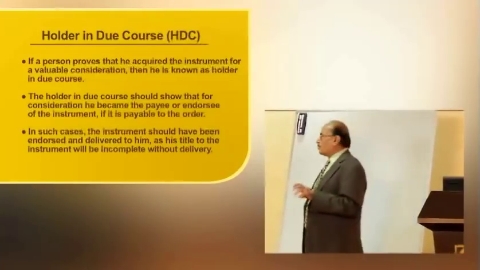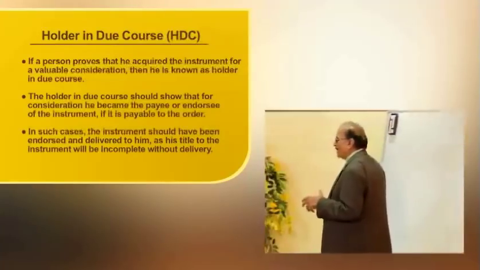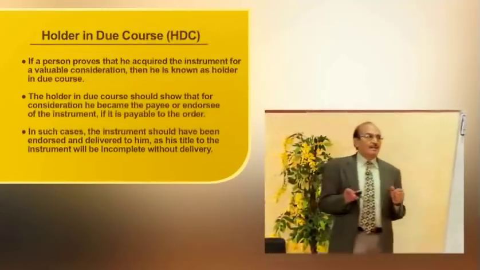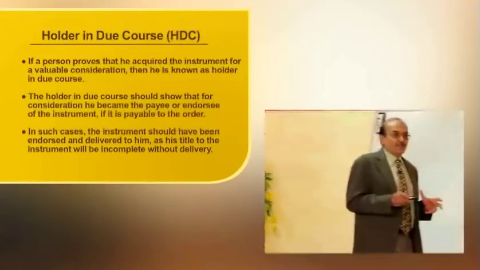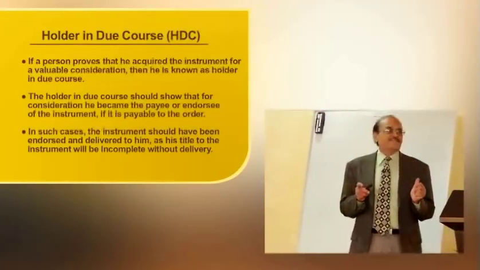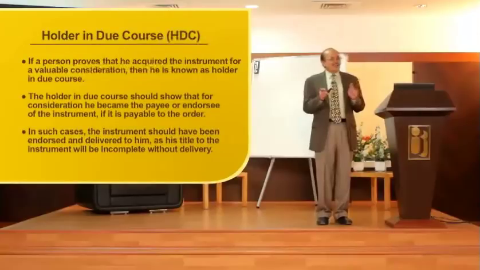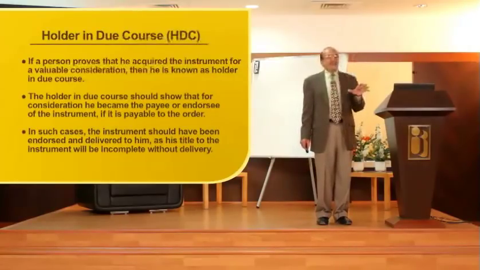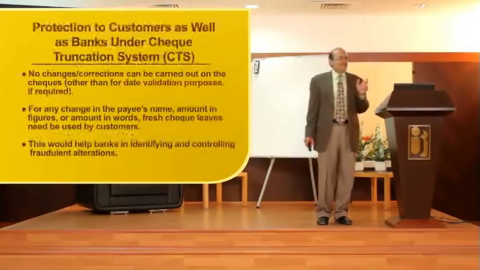Number one, the cheque should bear a date. The mandate of the customer should be clear as to whom the money is to be paid. The amount of the cheque should be written in words and figures at the space provided for it. The drawer's signature should be as per the specimen kept on the bank's record. So the banker has to obviously see all these points and then make the payment.